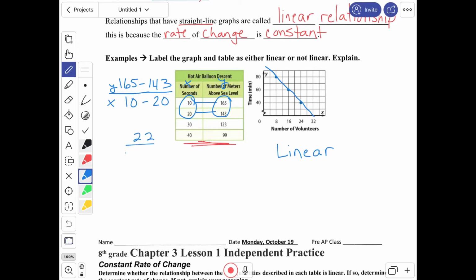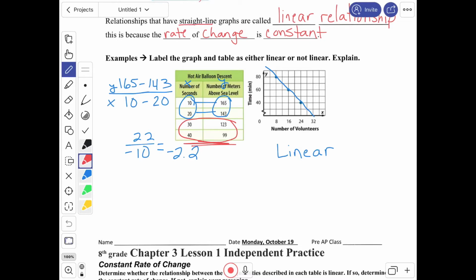I ran out of room, so I'm going to put it down here. 22. And 10 minus 20 would be negative 10. And if I change that into a decimal, 22 divided by negative 10 would be negative 2.2.